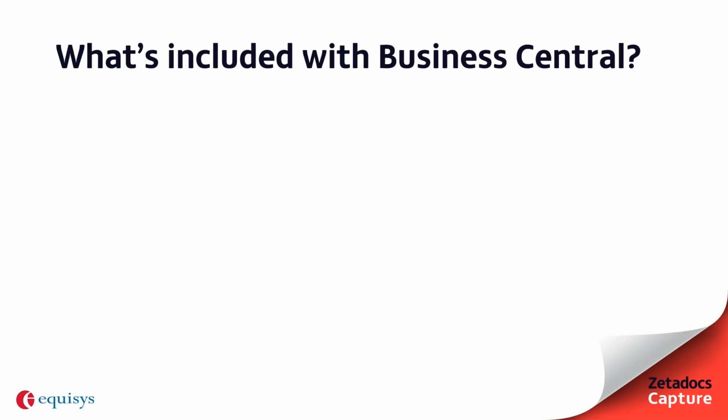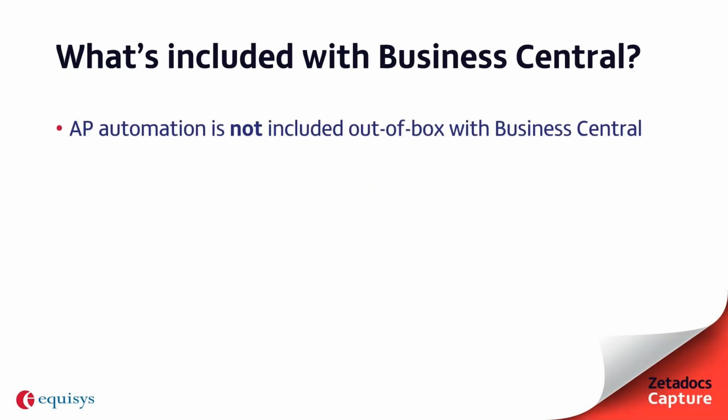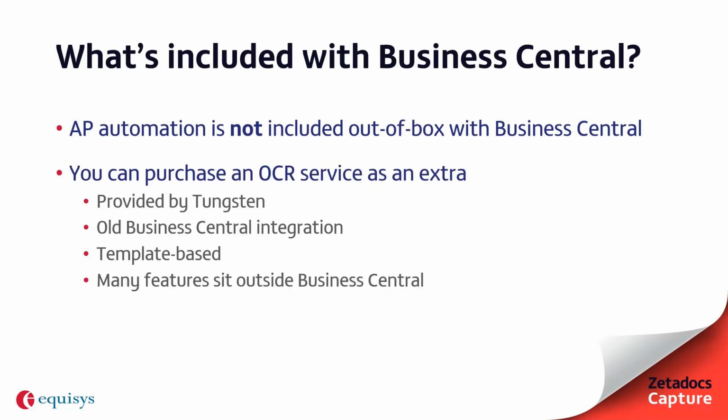I'm sure many of you are wondering what AP automation functionality Business Central offers out of the box ready to go. Well, the answer is that it doesn't offer a full AP automation solution. Microsoft does provide an OCR service that is provided by Tungsten.